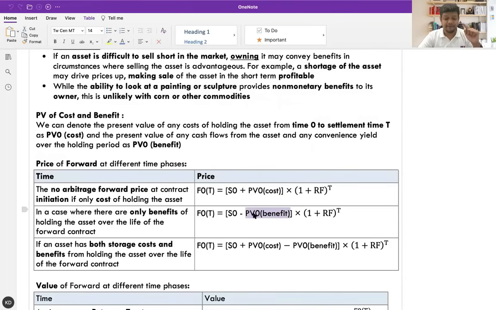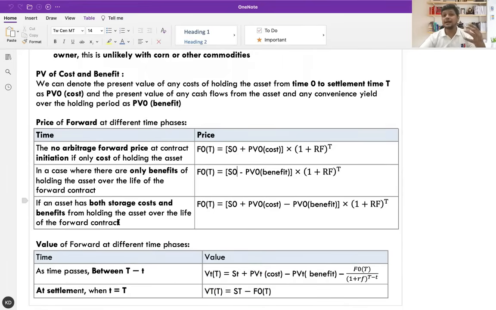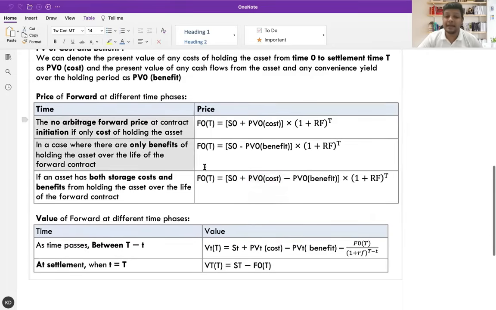The benefit is subtracted from the spot, the cost is added to the spot, and then you take it to the future, compounding everything. If you have both cost and benefit, you adjust both together. So you have spot, plus the cost, minus the benefit in present value terms, and then compounded at the risk-free rate. That's the pricing of futures.